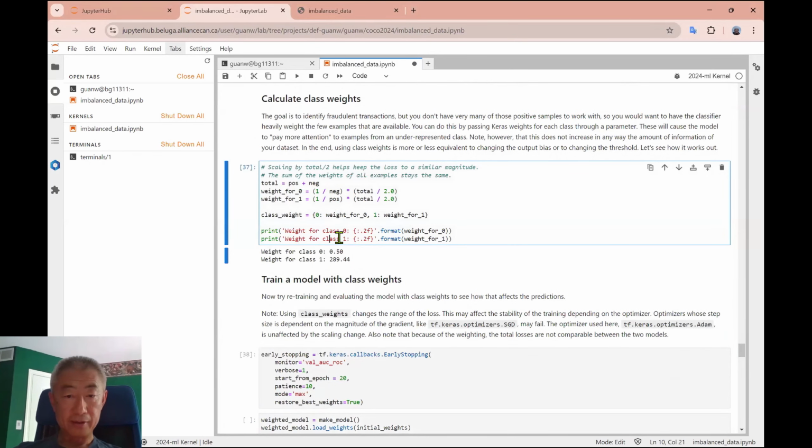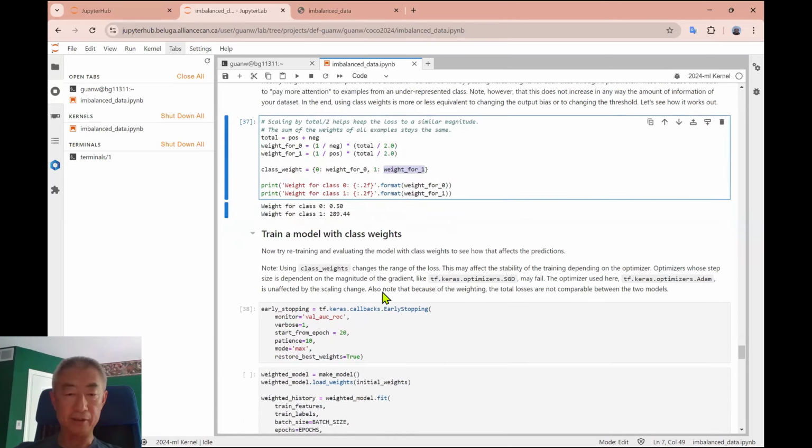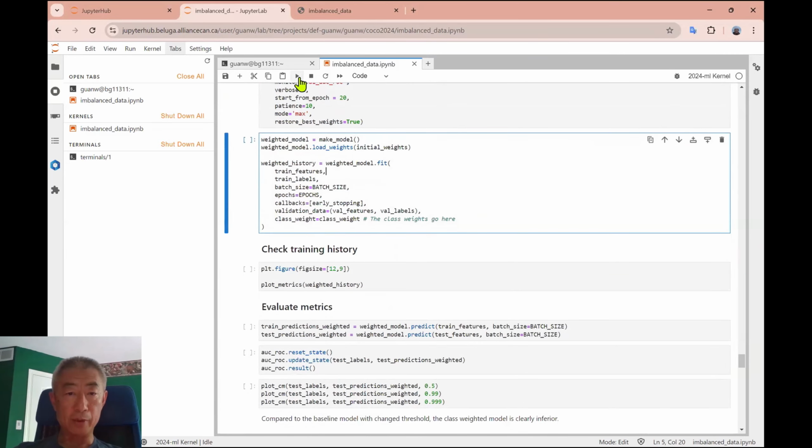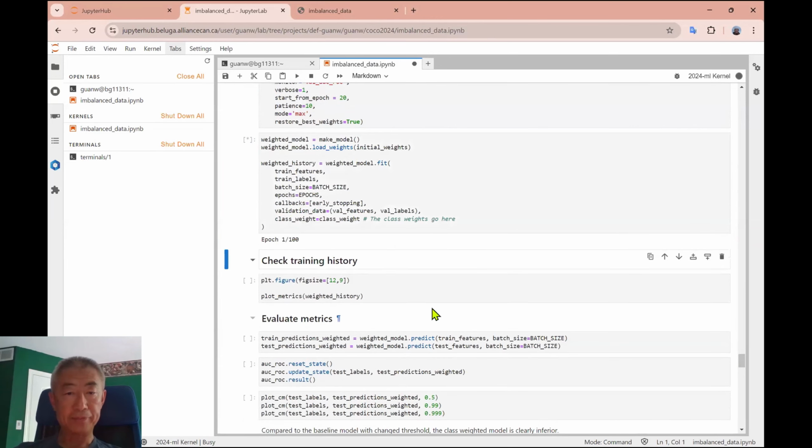The class weight is actually a dictionary from the class label to the weight. We have 0 and 1 as labels, and these two are the weights for negative and positive. Okay, so next we're gonna train this one to see what we get.